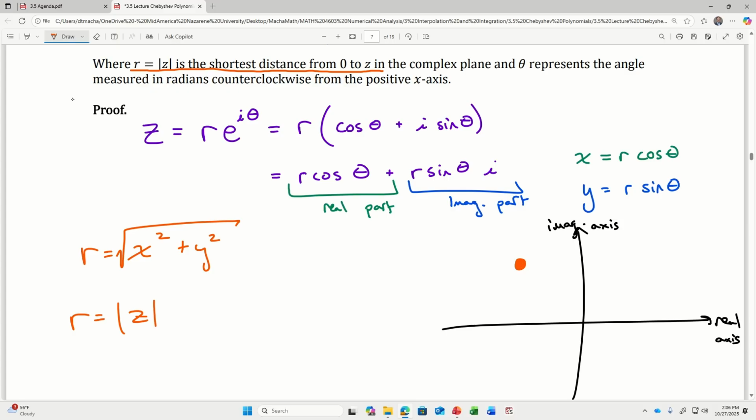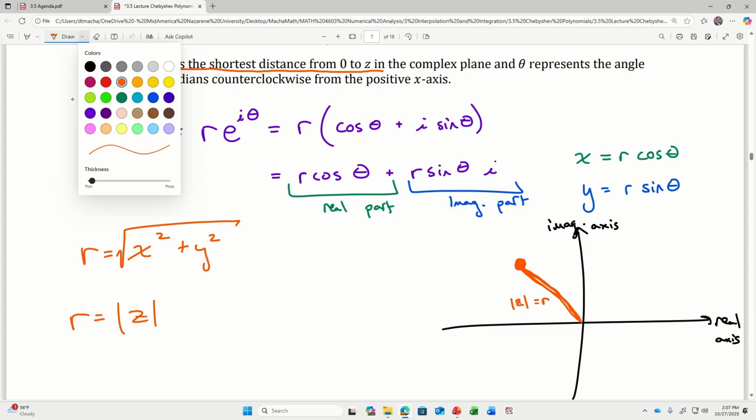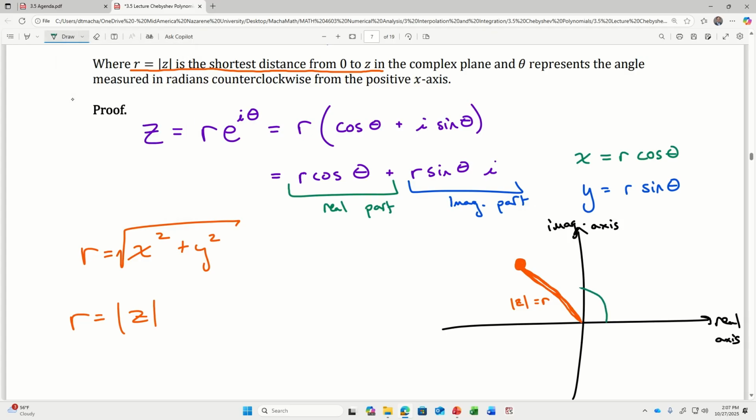And so if I wanted to measure the distance from the origin to this point, that would be r. And that would be the absolute value of this complex number. Then theta is this angle that's measured counterclockwise from the positive x-axis.